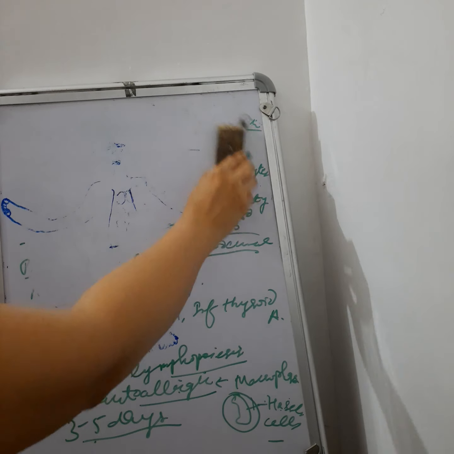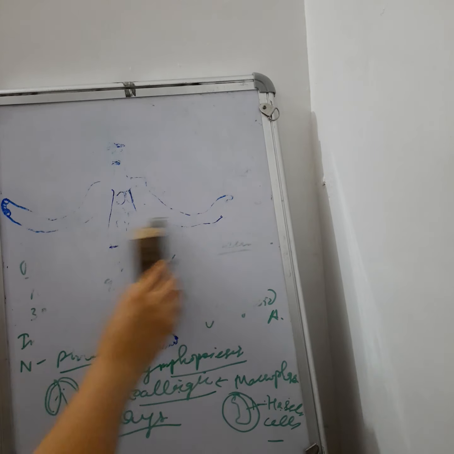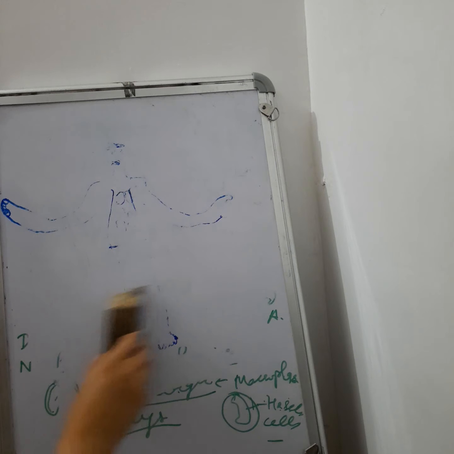And only 5% of the cells remain a longer time, and they live up to 3 months or more, or they also move out from the thymus gland and join the circulation, and they work in different manners.